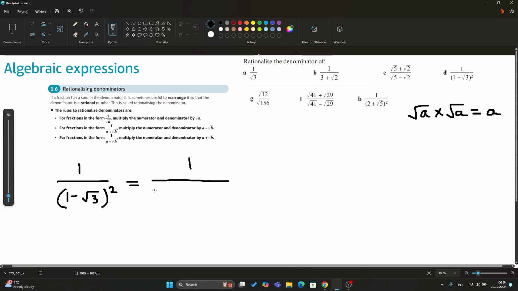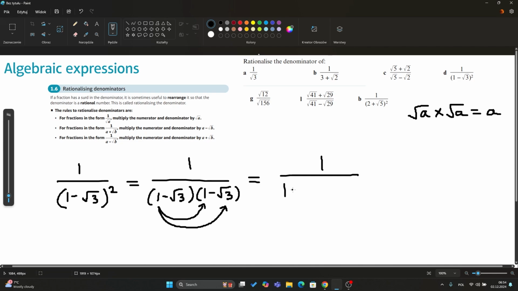So 1 over 1 minus root 3 multiplied by 1 minus root 3 is going to be 1 over 1 times 1, 1 times minus root 3, so that's minus root 3, minus root 3 again, and plus 3. So that's going to be 1 over 4 minus 2 root 3.